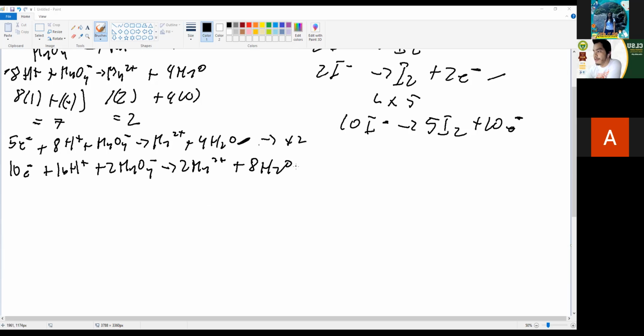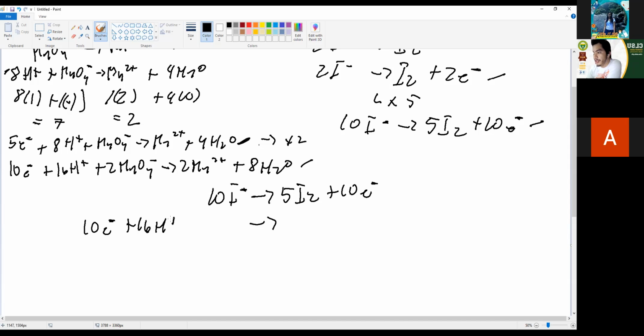Okay, so meron tayong balance ito. Balance na to, pag-a-addin na natin. So, 10I negative will yield 5I2 plus 10 electrons. So, mangyari, you have 10 electrons plus 16H plus 2 MnO4 negative will yield 2 Mn2 plus 8 water.